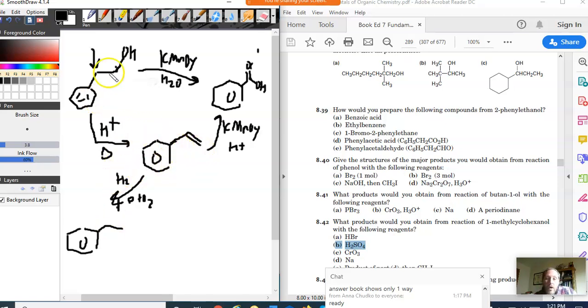Now, you could also have done the E2 elimination. You could have converted this into a bromine, which is part C. So let's actually do that right now. HBr, or you can add PBr3, to turn it into a bromine.